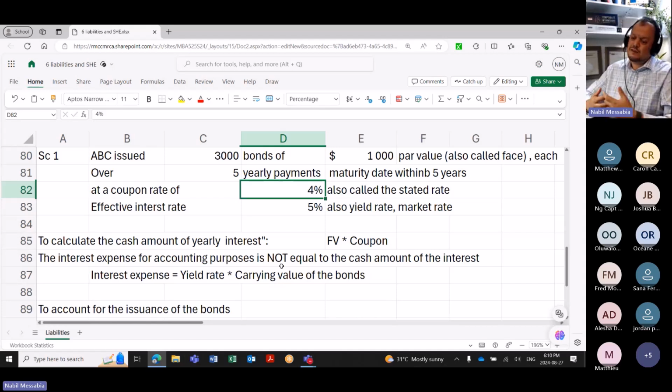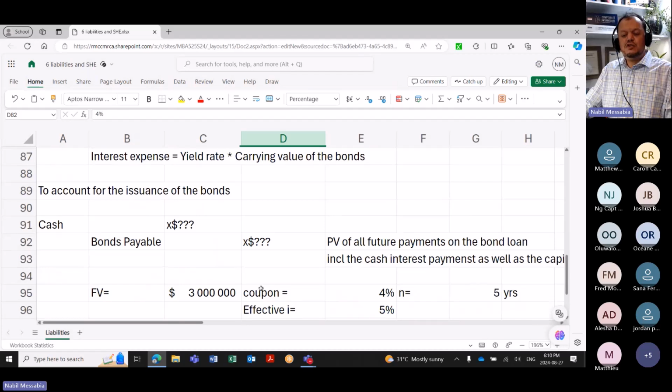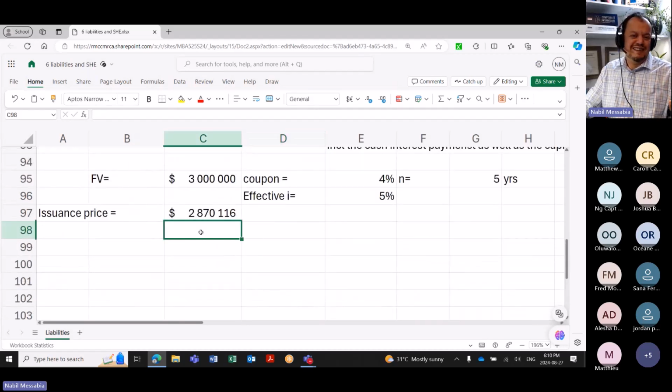The answer is: if you invest in our bonds, we are going to reimburse you 3 million, but you will only pay 2,800,000, which means we are providing you with a discount. Just give us 2,800,000 today, and we are going to reimburse you 3 million at the maturity day. And now the investment becomes attractive.